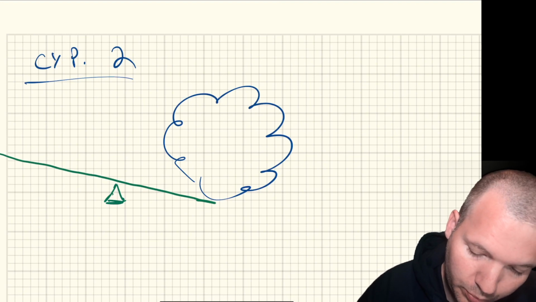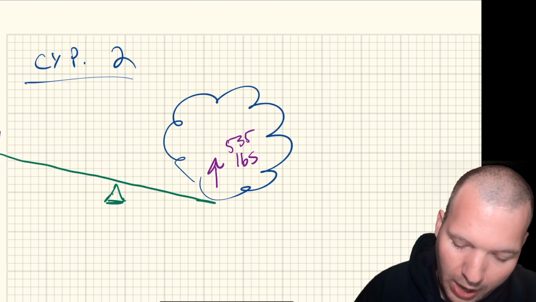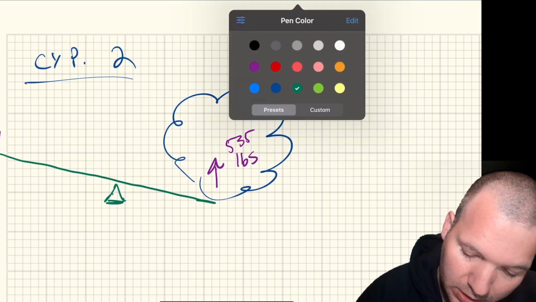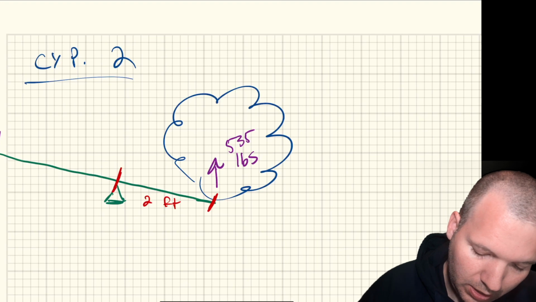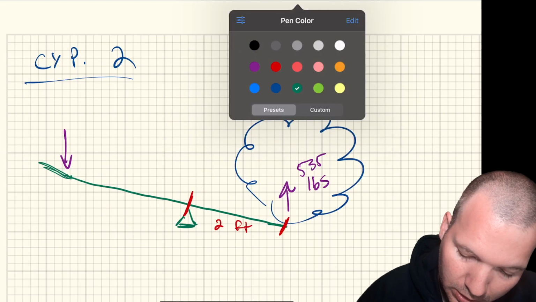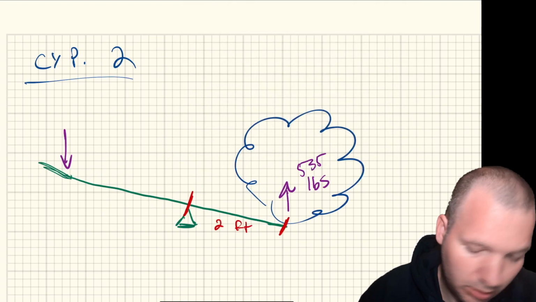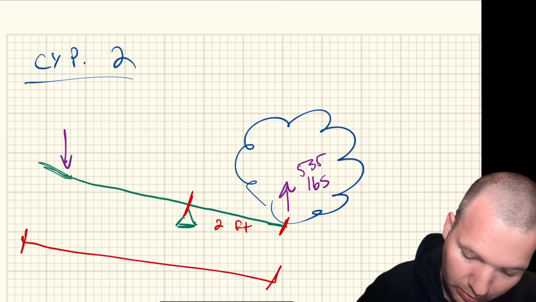And we're going to try and push down with some amount of force to push up 535 pounds of rock. And we know that the distance here is 2 feet. So that's a 2-foot distance. And then the lever as a whole, so this whole distance here is 7, right?